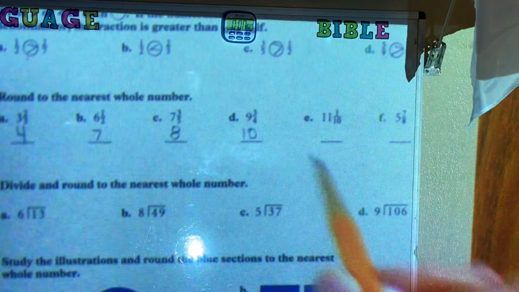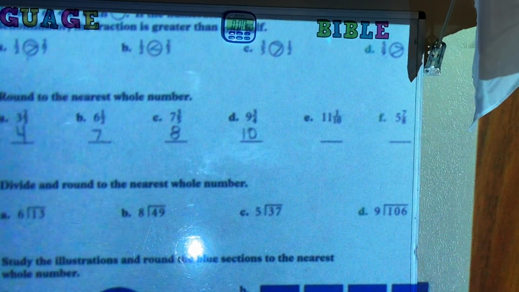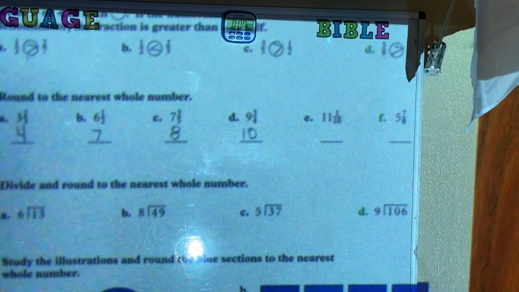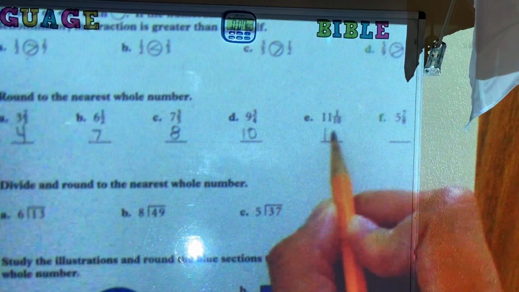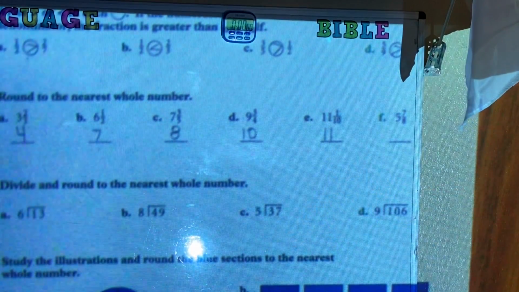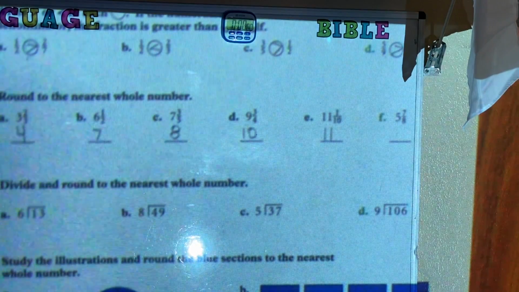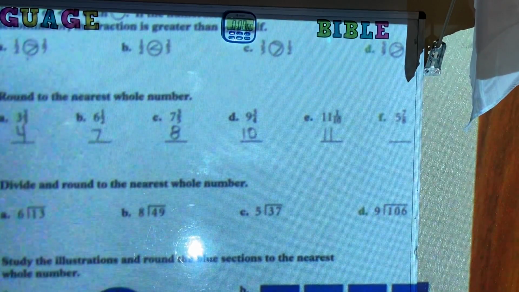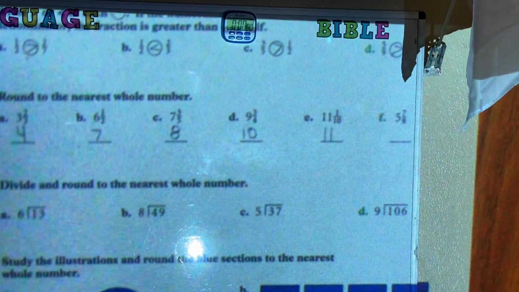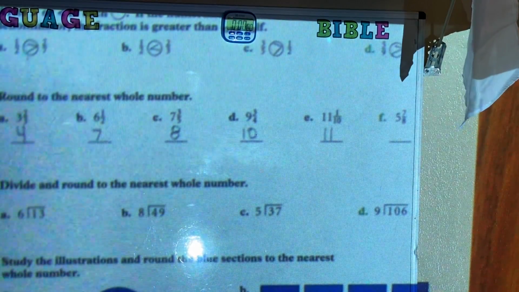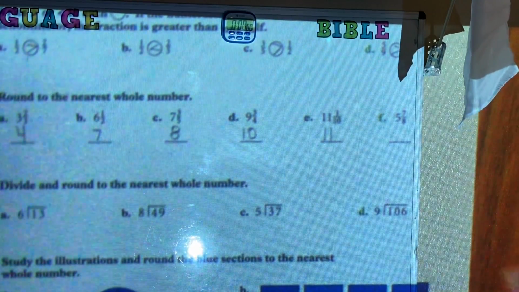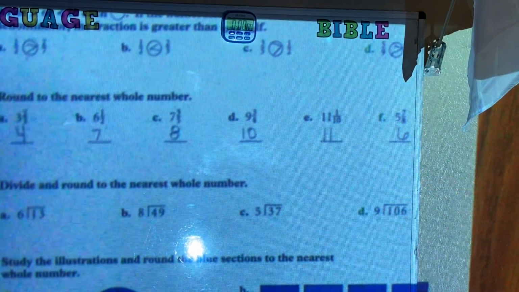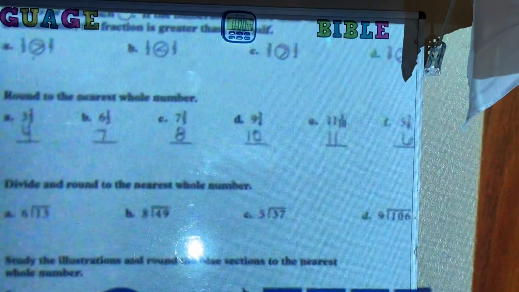We add 1 more to it. Letter E, 11 and 1/10, that's going to stay the same, 11, because we only add 1 to the whole number if the fraction is half or greater. Letter F, 5 and 7/8, because it is greater than half, we add 1 and it becomes a 6, okay?